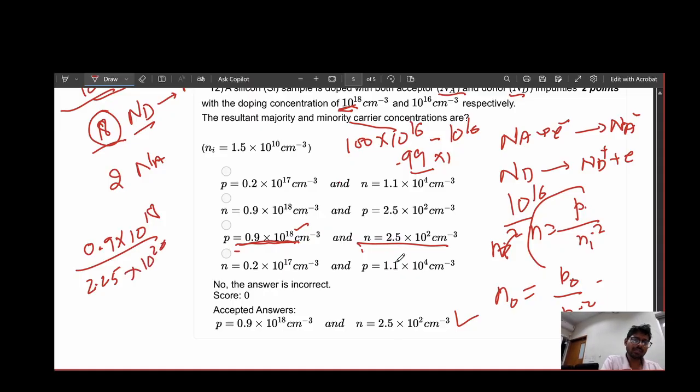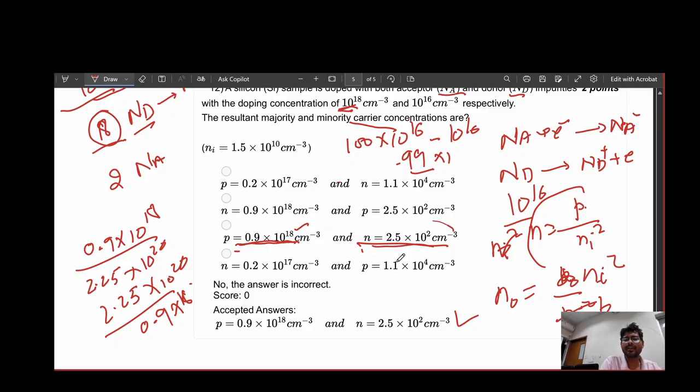Now you can calculate n naught. No, it is the other way round: Ni square by p naught. That is 2.25 into 10 raised to power 20 divided by 0.9 into 10 raised to power 18. It will come as 2.5 into 10 raised to power 2.